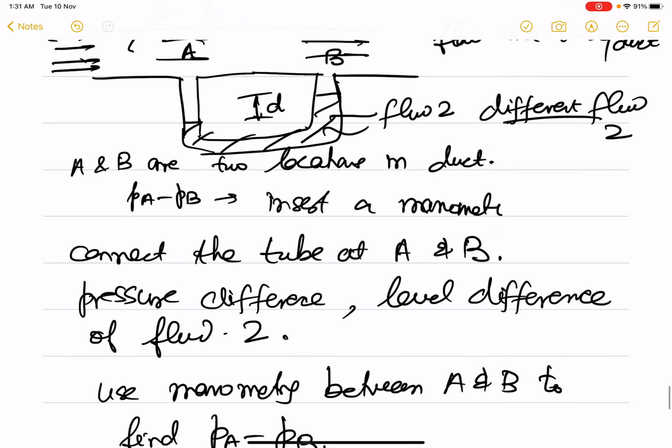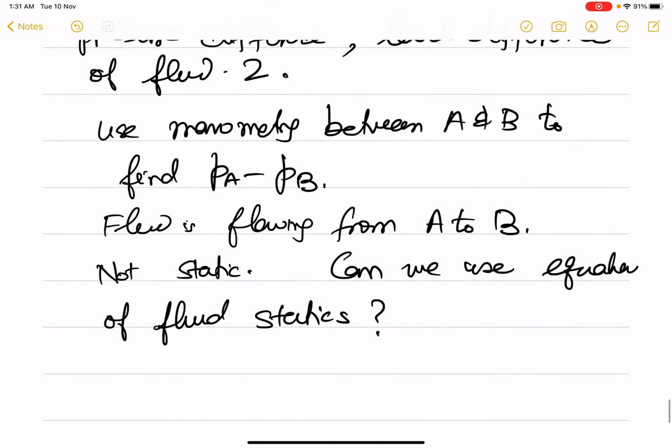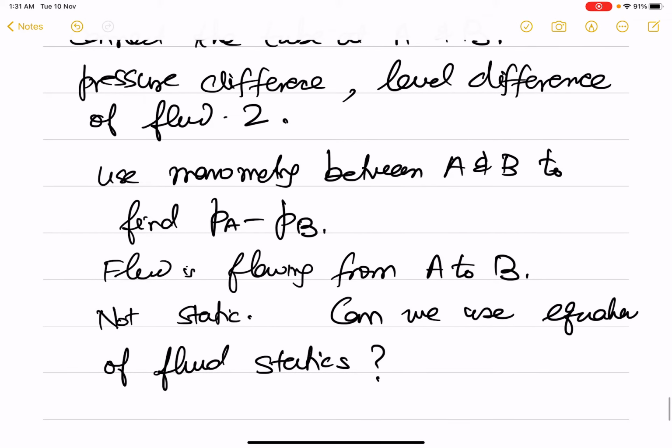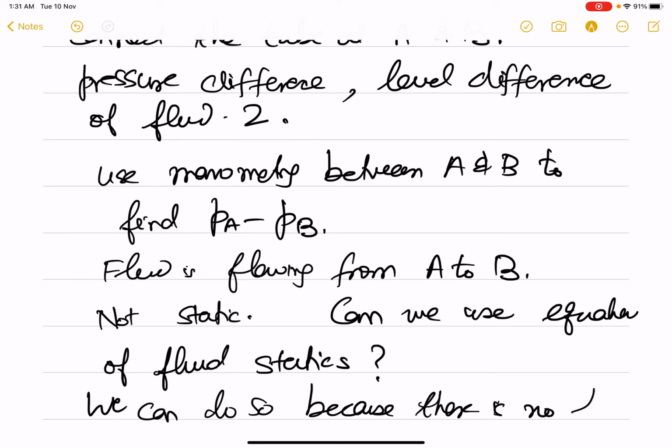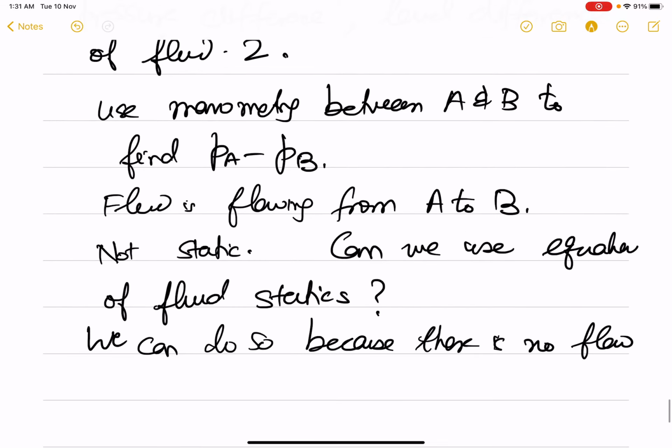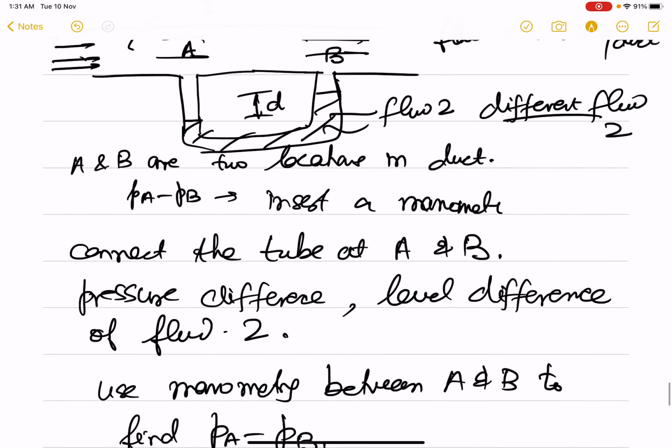And the answer for that is, we can do so because there is no flow in the manometer. In the manometer, the fluid is static.